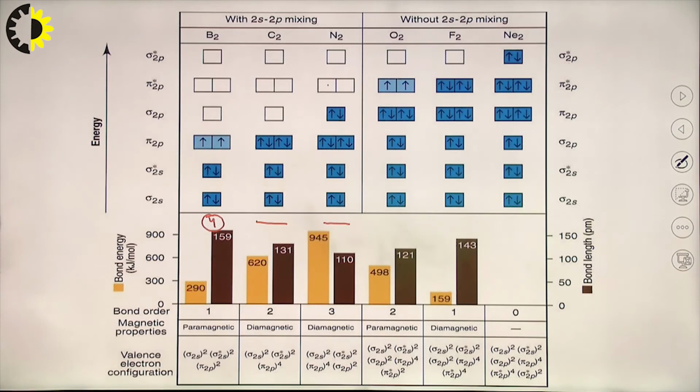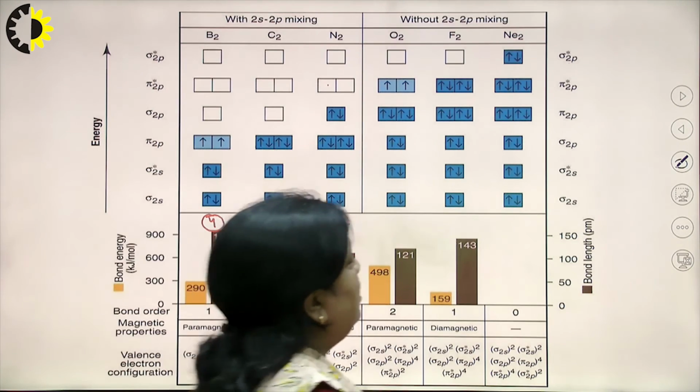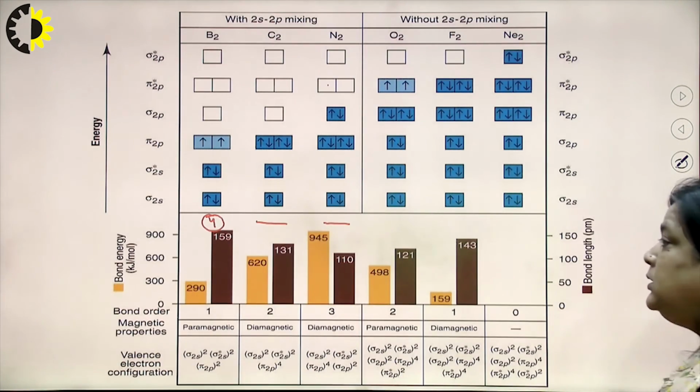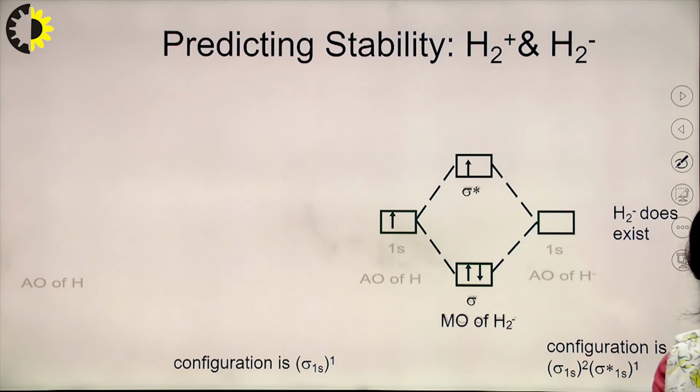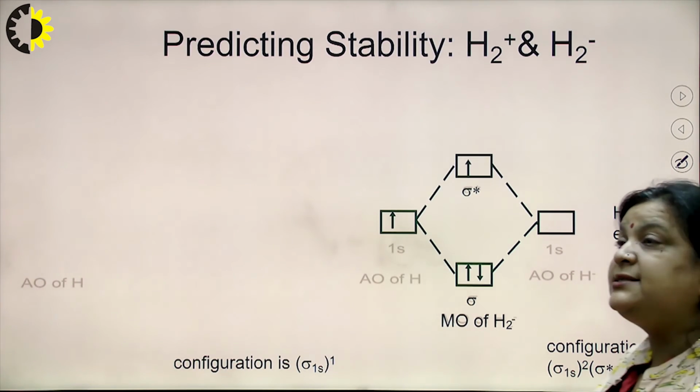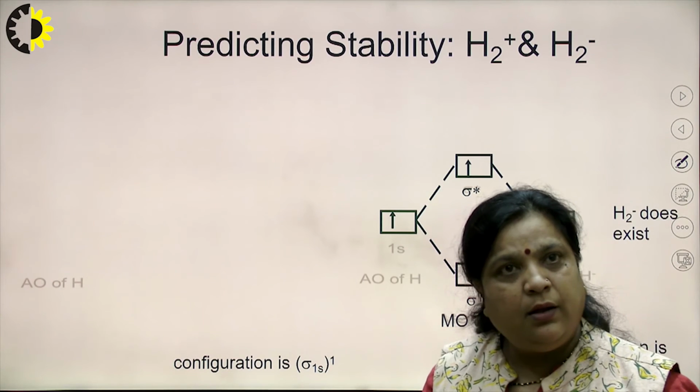Now, we can also predict the bond behavior with the help of bond order. Suppose bond order is a whole number, it means the molecule is stable. If bond order is a fraction, the molecule is unstable and has a tendency to come into a stable form.